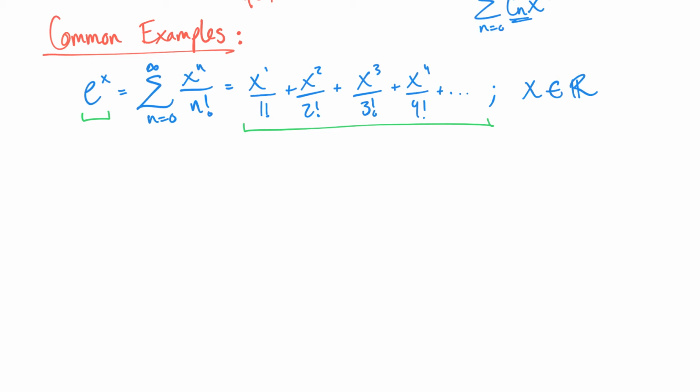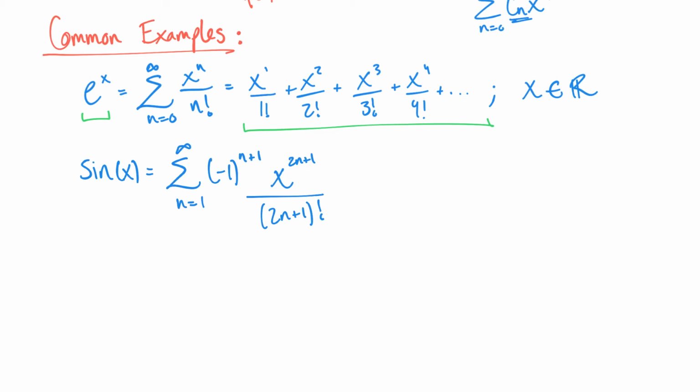Now, more examples. Well, we're going to have sine of x, which is actually equal to this massive thing right here, with x to the 2n plus 1 divided by 2n plus 1 factorial.